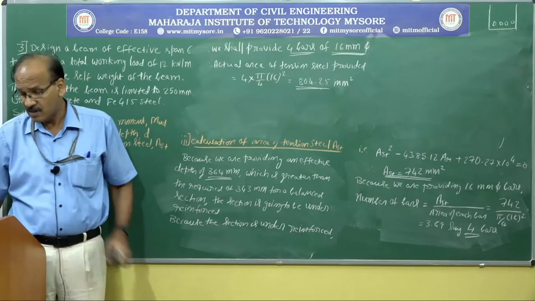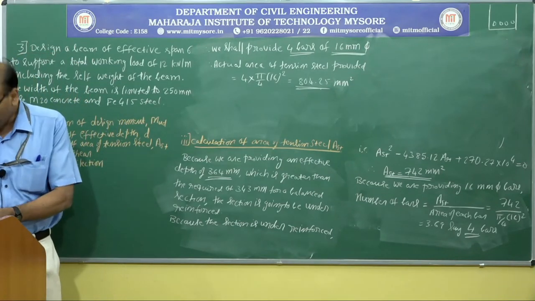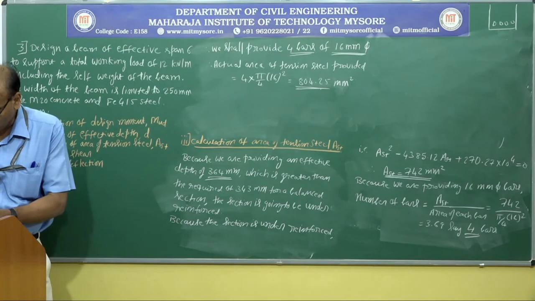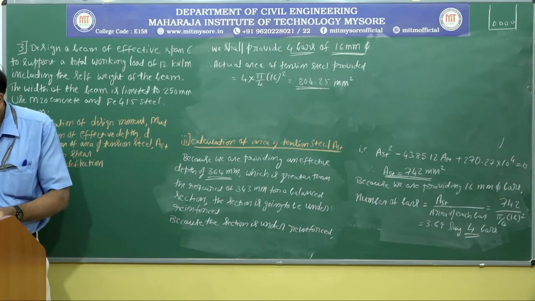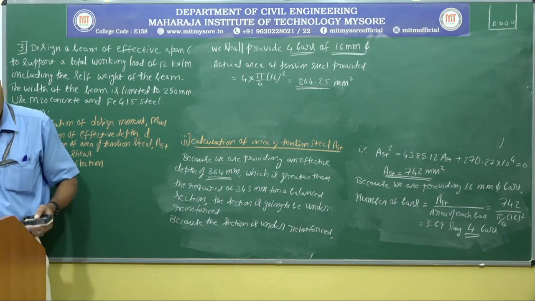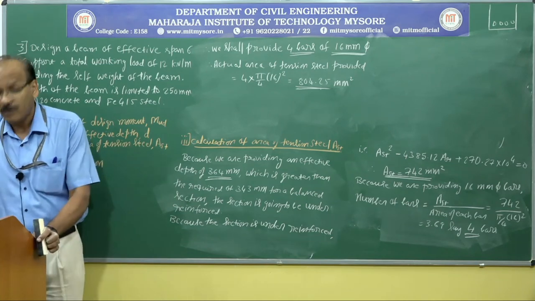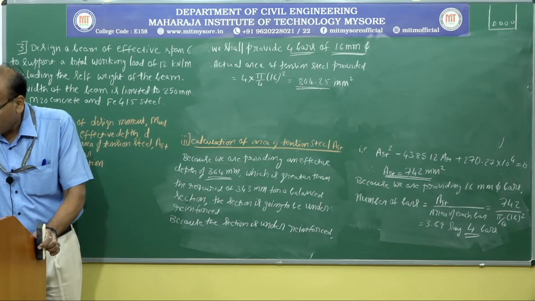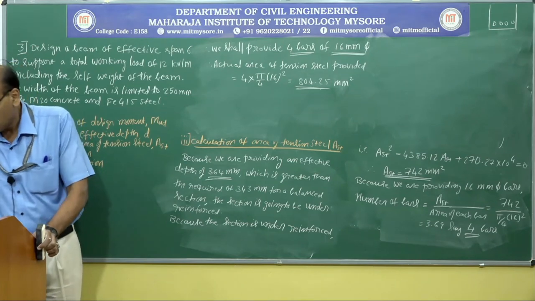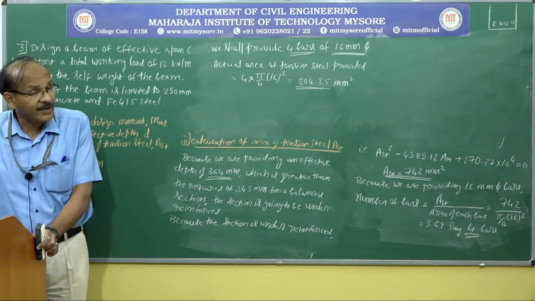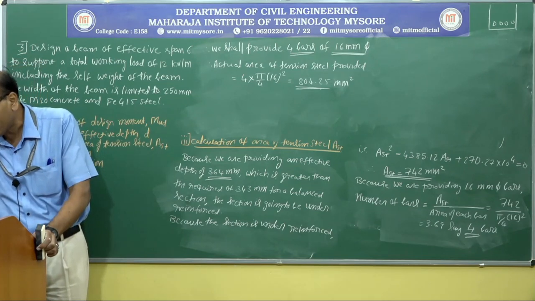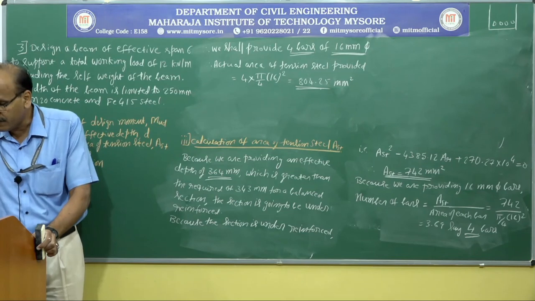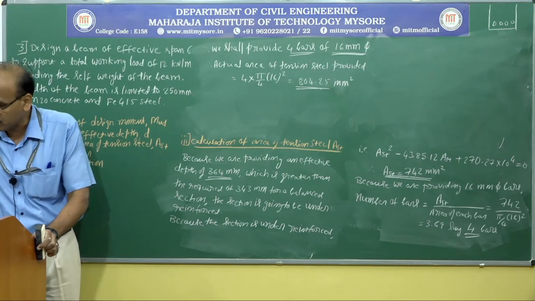If you open page number 47 of the code book, please open it. If you open page number 47 and 46, on 46, second column at the end, under 26.5.1.1 tension reinforcement, it says minimum reinforcement.